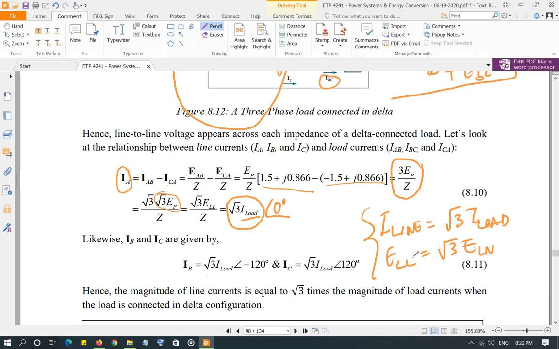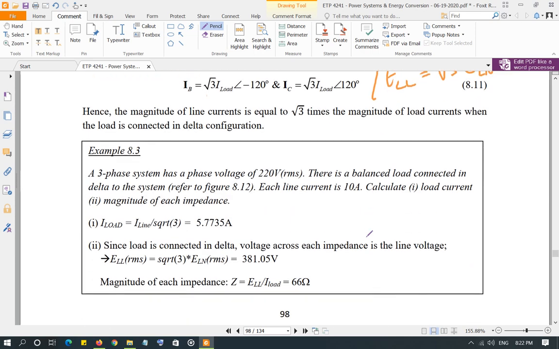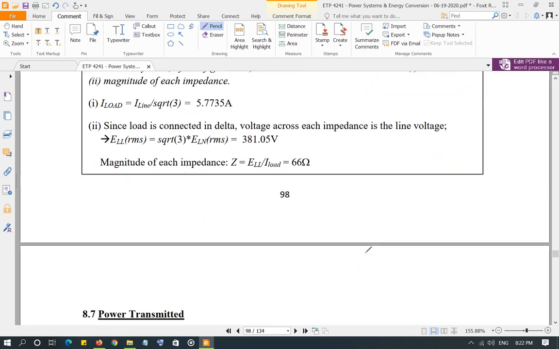So these are pretty much standard results. Magnitude of the line current is equal to square root of 3 times magnitude of the load current in delta connected load. In Y connected load, line current and load current is the same. And line to line voltage magnitude is square root of 3 times line to neutral voltage magnitude. So keep that in mind. Do the examples. I'm showing you the examples.